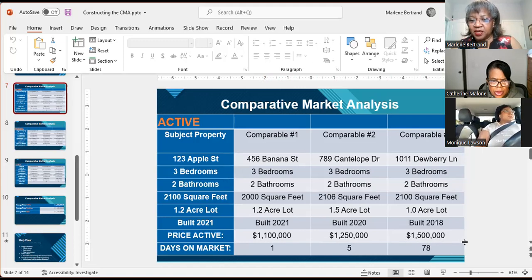You add them all up. And then because we have 3 comps, we're going to divide it by 3. Let's say you had 4 comps. Whatever number you get after adding these up, you're going to divide it by 4. And then that's going to give you the average.